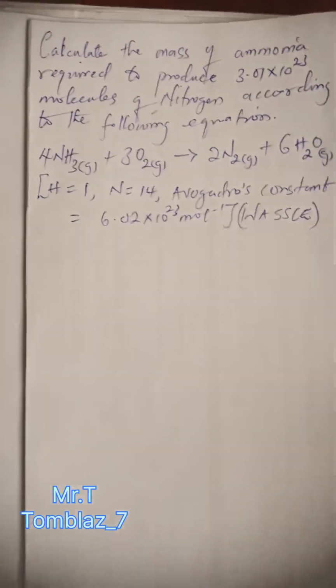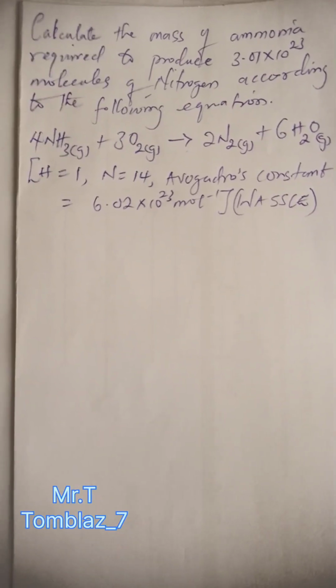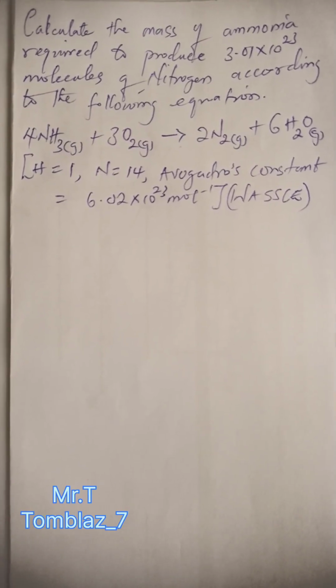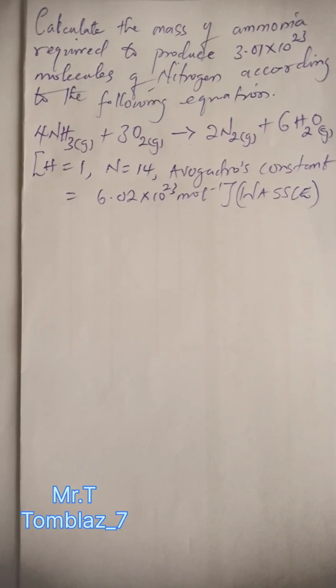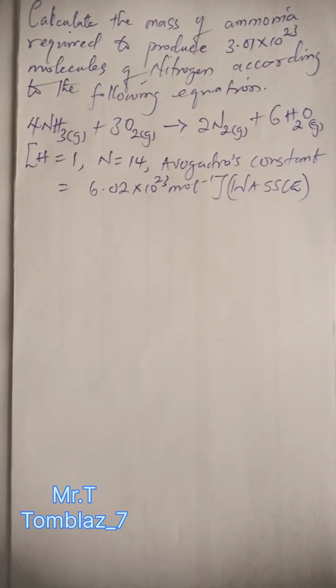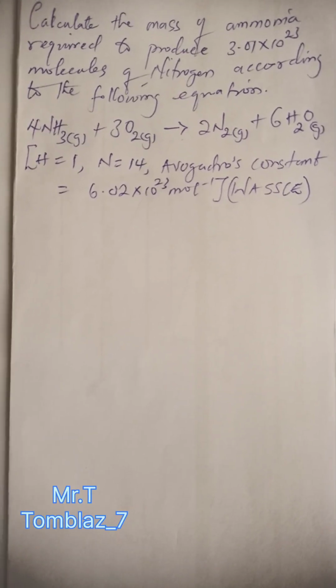Hello and welcome back. I have this calculation that says we should calculate the mass of ammonia required to produce 3.03 times 10 raised to power 23 molecules of nitrogen according to the following equation. So we have ammonia reacting with oxygen to produce nitrogen and water, right?